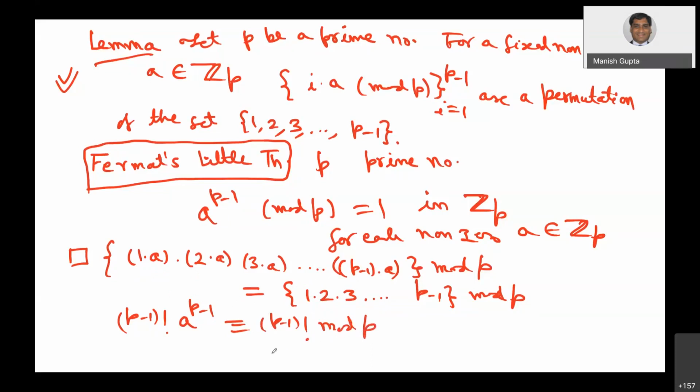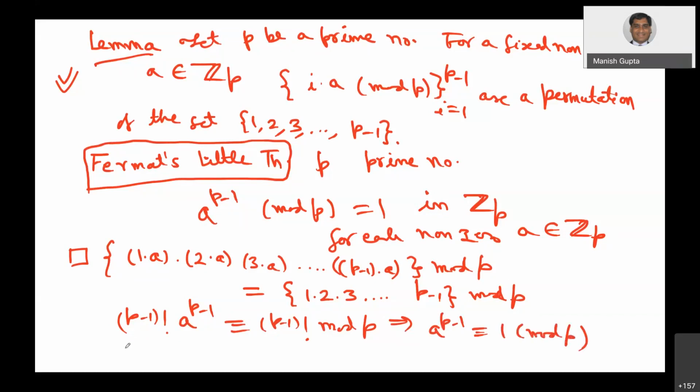So this factorial p minus 1 means 1 into 2 into 3 up to p minus 1, and here also. Basically each element has an inverse, because Zp is a field, so I can cancel them. 2 cancels both sides, 3 cancels both sides, 4 cancels both sides, and so on. So essentially this gives us a raised to the power p minus 1 is congruent to 1 mod p.